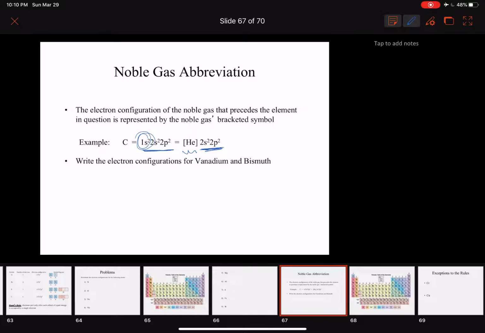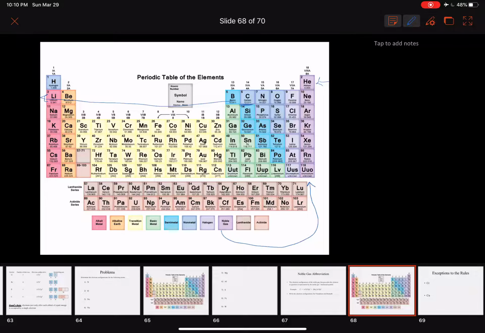So vanadium has an atomic symbol of V. And if we find that on the periodic table, where are we going to be with that one? What do you guys think? Where is it at?